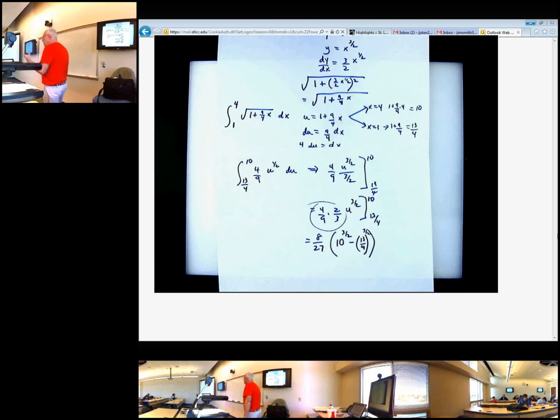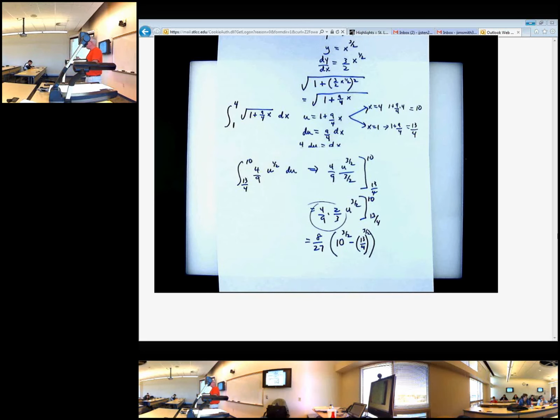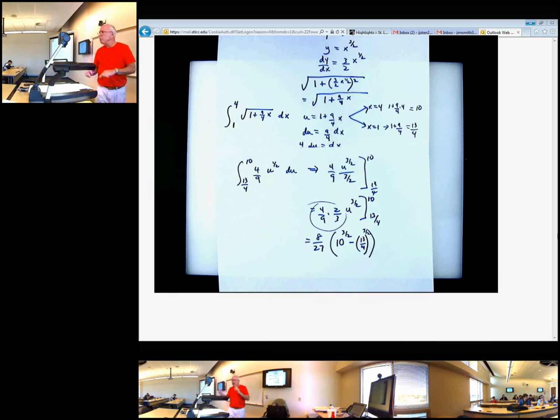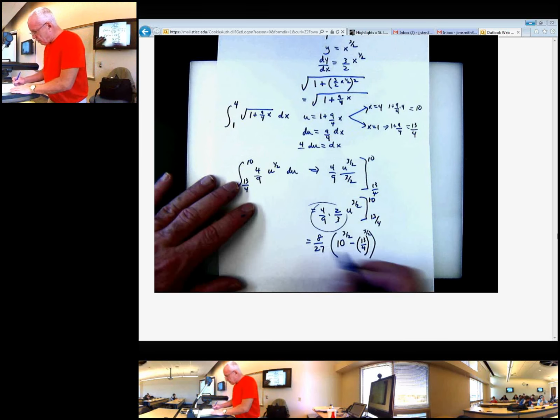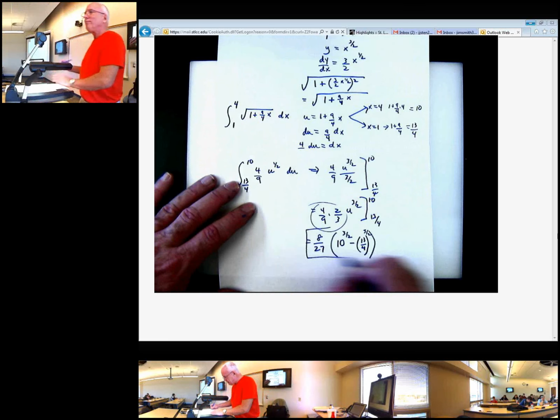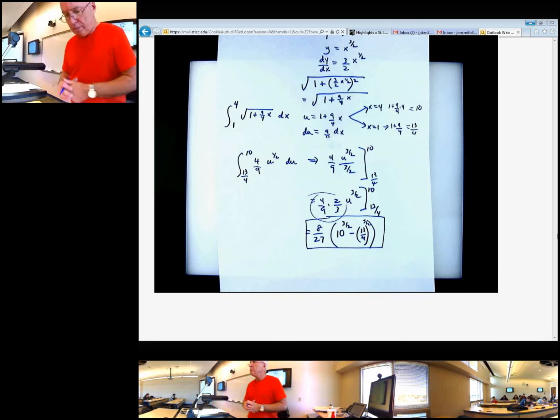Now you could do more simplification with this, because what does 4 to the 3/2 power equal in the denominator? It equals 8. The square root of 4 is 2, and 2 to the 3rd power is 8. So you could do some further simplification with that. I'm fine with it just as it is here. So this is the length of our curve. It's not a nice, simple number, but that's what we get using the formula.